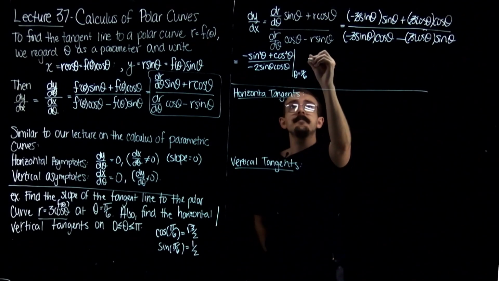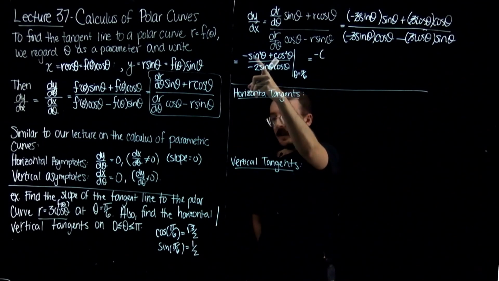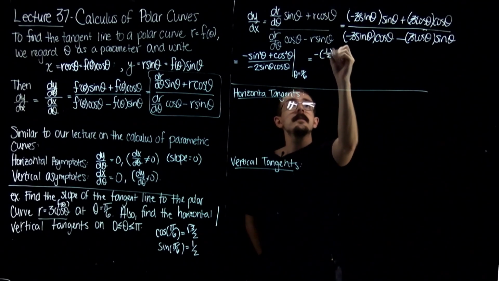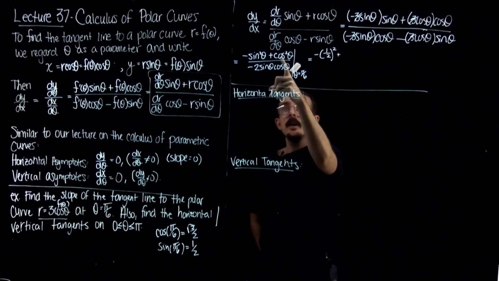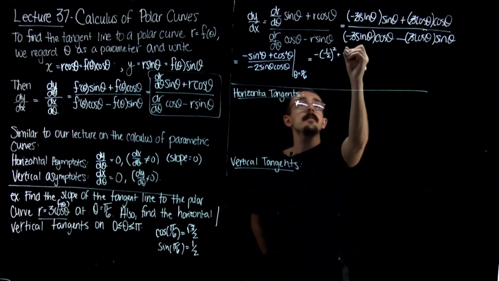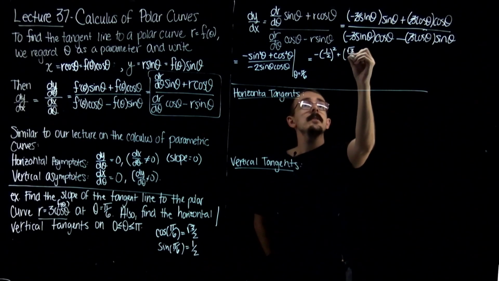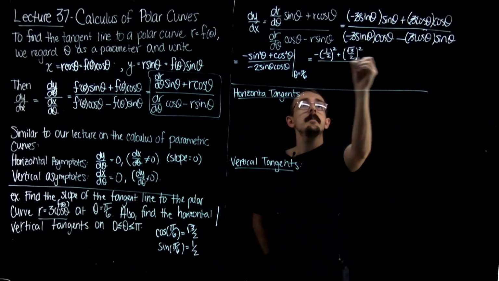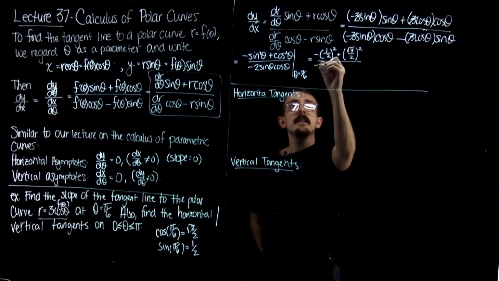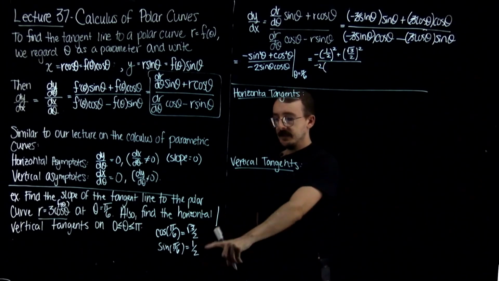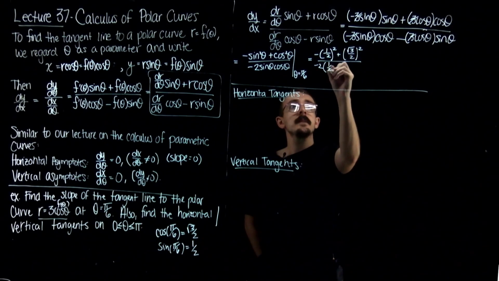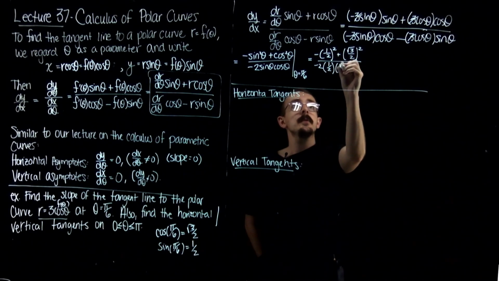So let's do that. So here I get negative, sine is 1/2, squared, plus cosine is root 3 over 2, also squared, divided by negative 2, sine is 1/2, cosine is root 3 over 2.